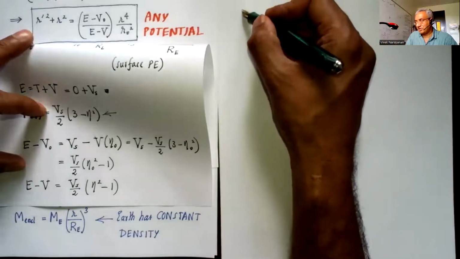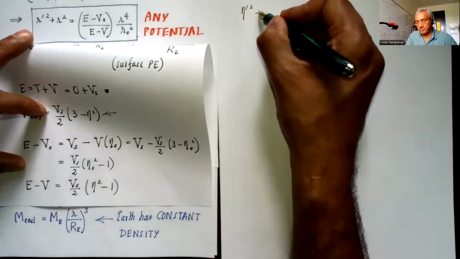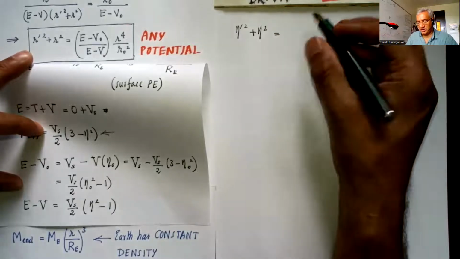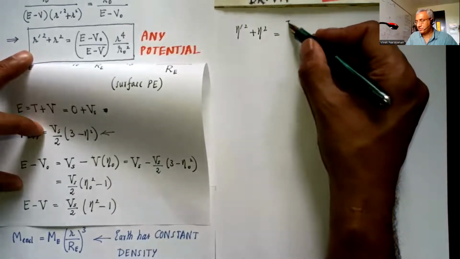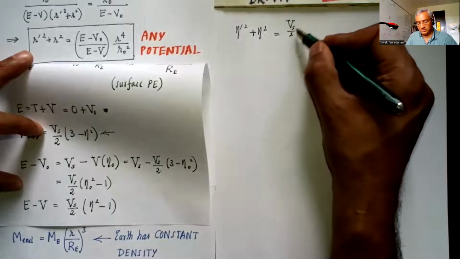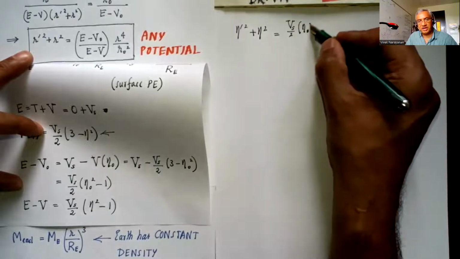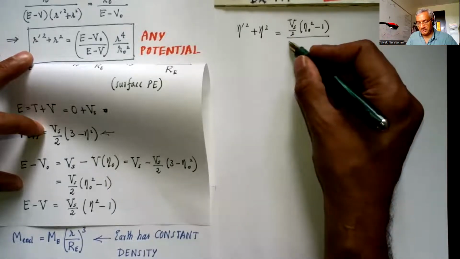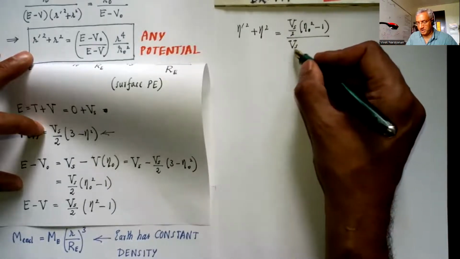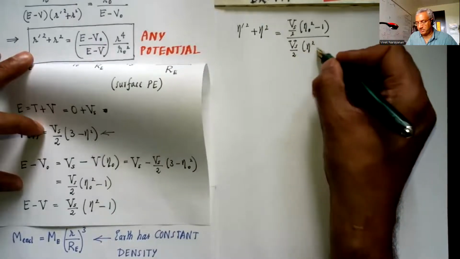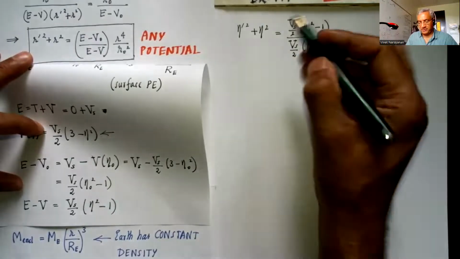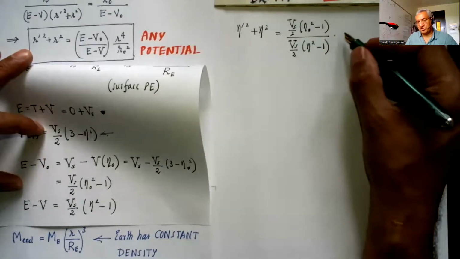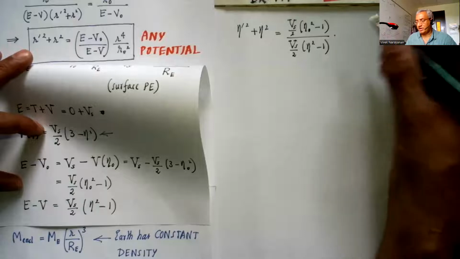So that becomes eta prime squared plus eta squared is equal to E minus V naught, which is V sub s by 2, eta naught squared minus 1, divided by E minus V, which is Vs over 2, eta squared minus 1. Now I have divided the left side by the radius of the Earth squared. The right side also has to be divided by the radius of the Earth squared.